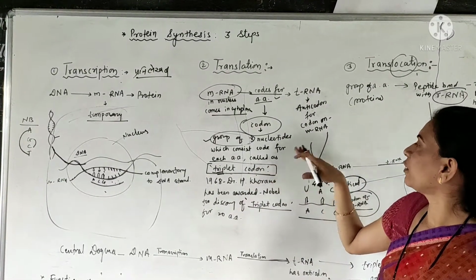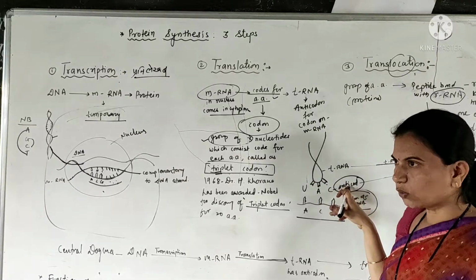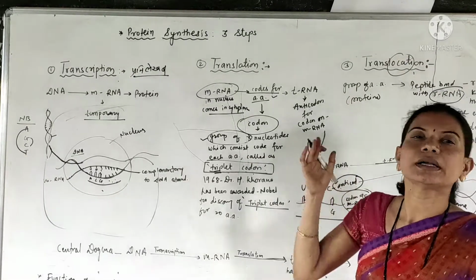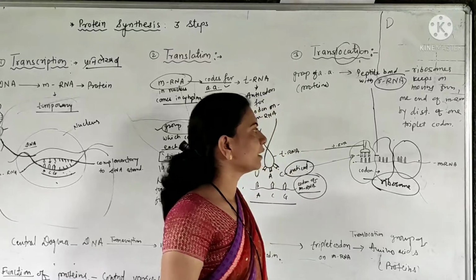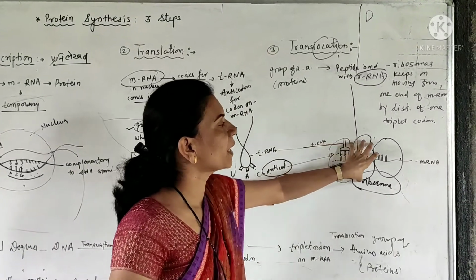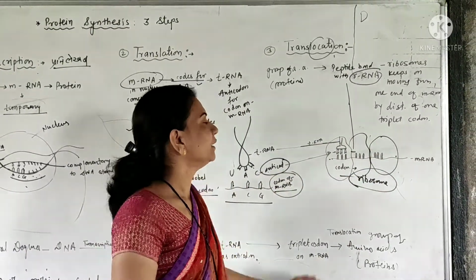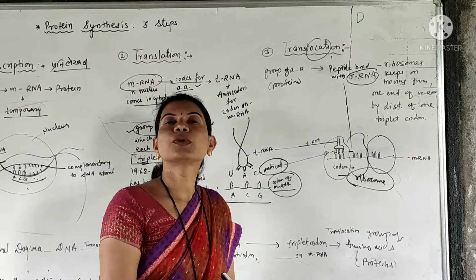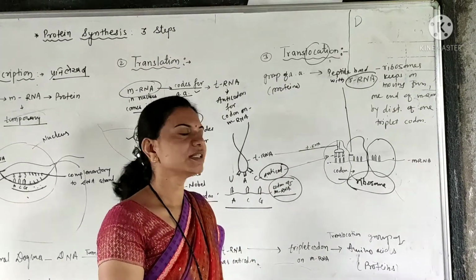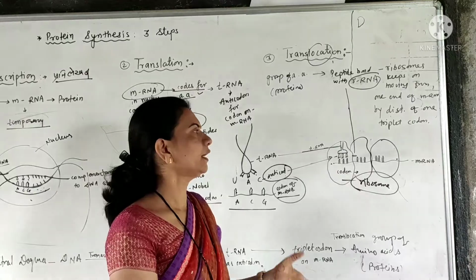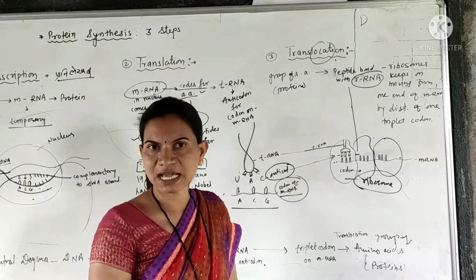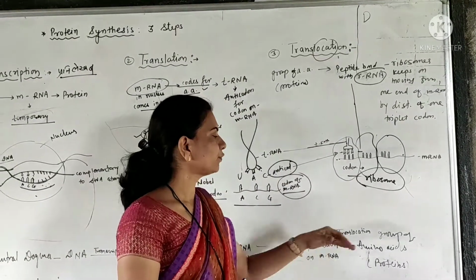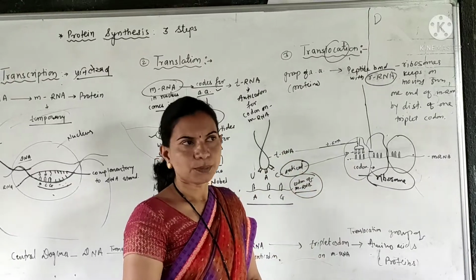For this triplet codon, tRNA carries the anticodon. With the help of the anticodon and ribosomal RNA, a group of amino acids is formed, and this group of amino acids is known as a complex protein. This structure is very complicated, as different amino acids are attached to each other. Therefore, it is known as a complex protein.